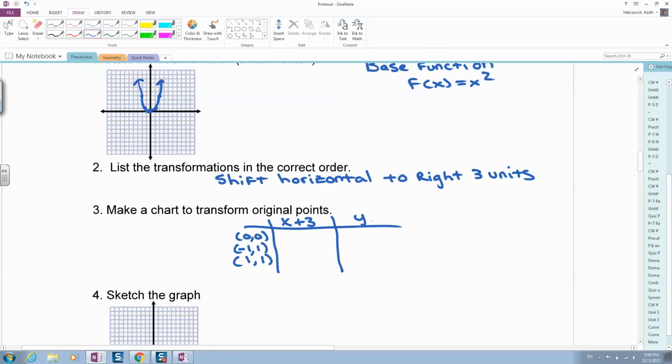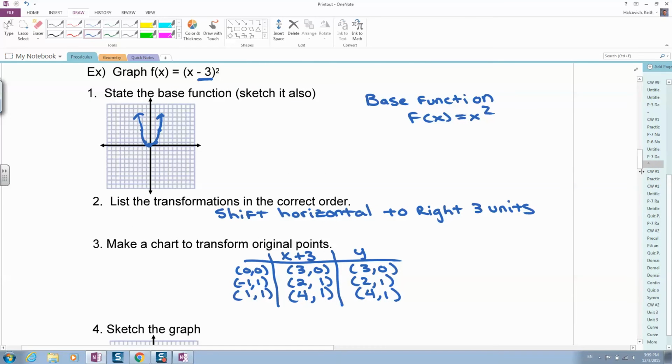Then I figure out what happened to my y. I take the x coordinate 0, so 0 plus 3 is 3, and y is 0. So the point is 3, 0. I add 3 to negative 1 and I get 2, and the y coordinate stays the same. Then I add 3 to 1, which gives me 4, and the y coordinate stays the same. So those are my new points.